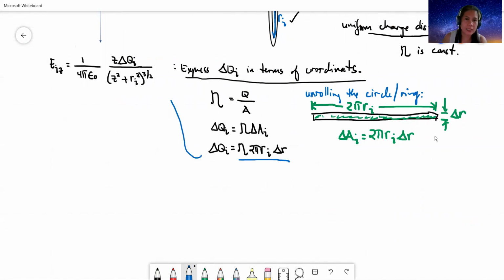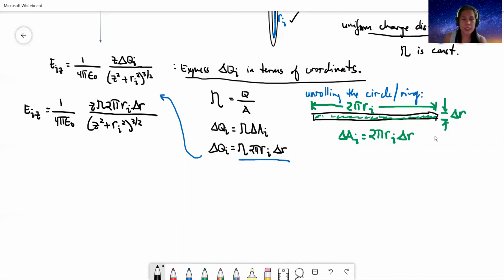So going back here, this now becomes 1 over 4 pi epsilon sub naught, z, and then eta 2 pi r sub I delta r, all over z squared plus r sub I squared to the 3/2. This is for a single ring. So we need to get the total of all these single electric fields. We take out all the constants on the left side.